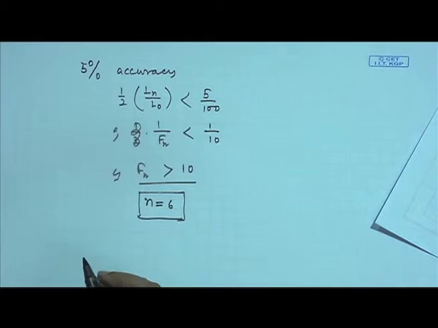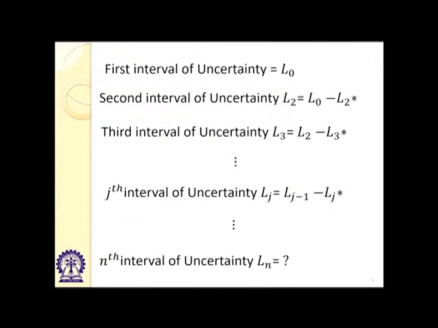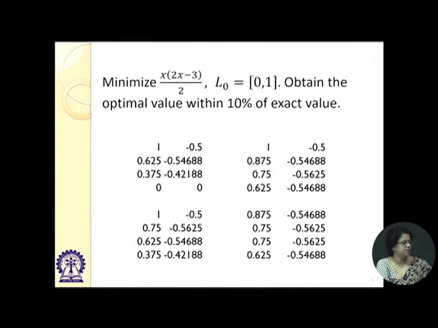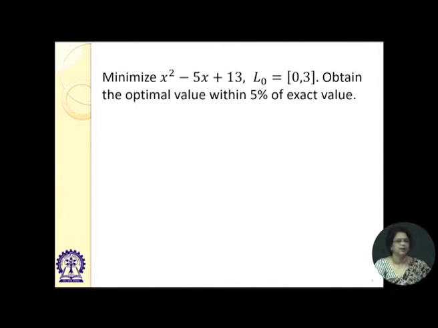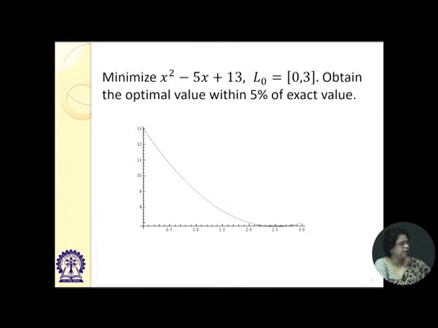Okay. Now let us take one example for doing these calculations. If I just see the pattern of the function, this is the pattern. What did you see? That function is unimodal between 0 and 3.